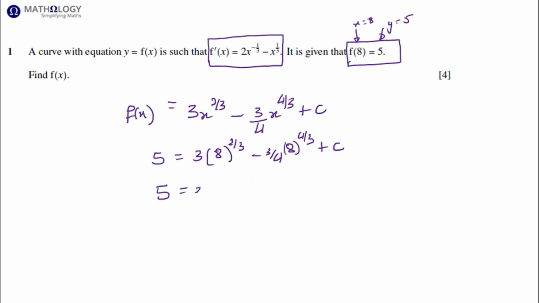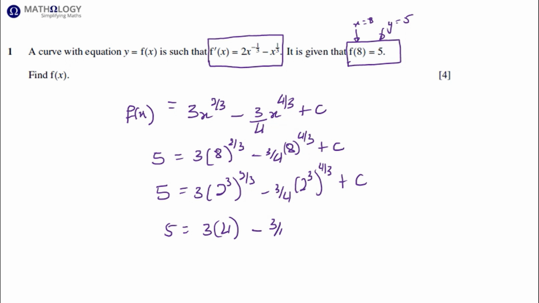So 5 equals 3 times 2 cubed to the 2/3 minus 3/4 times 2 cubed to the 4/3 plus c. 5 equals 3 times, that'll be 2 squared, which is 4, minus 3/4 times, that'll be 2 to the 4, which is 16, plus c.